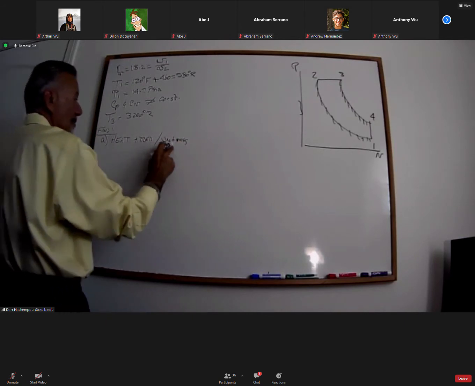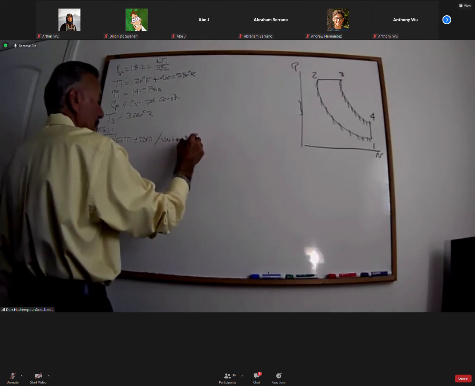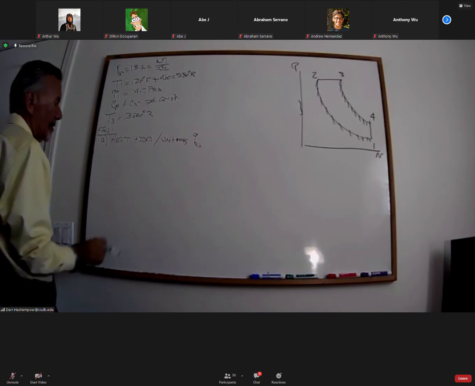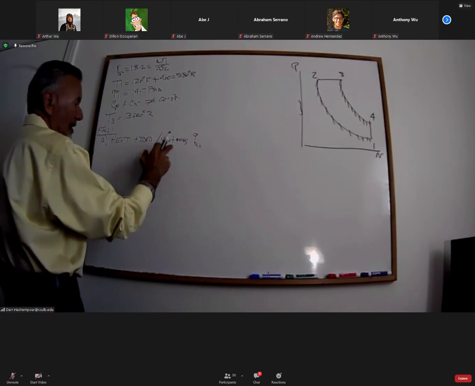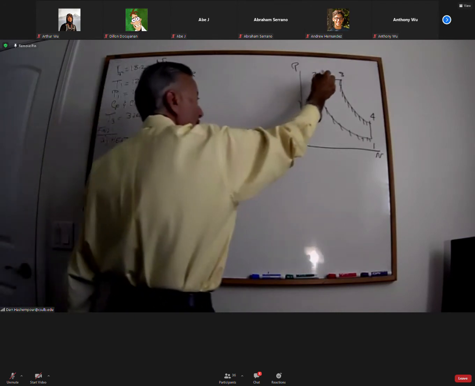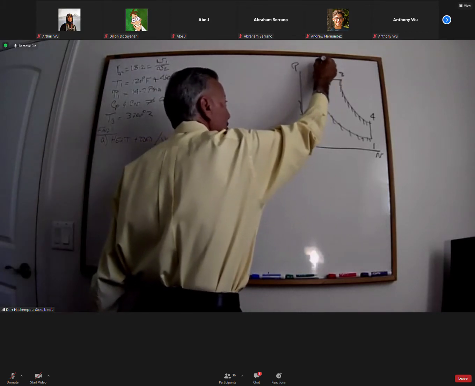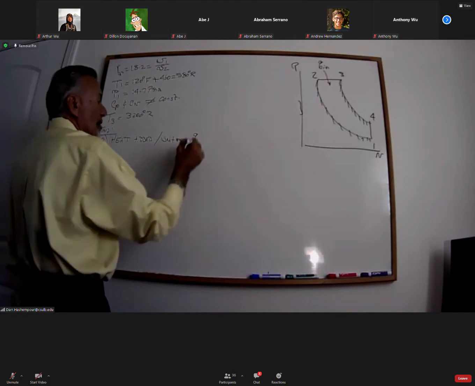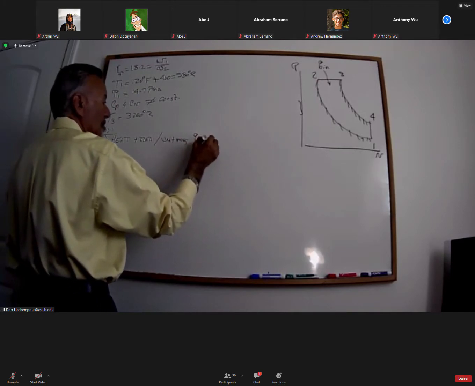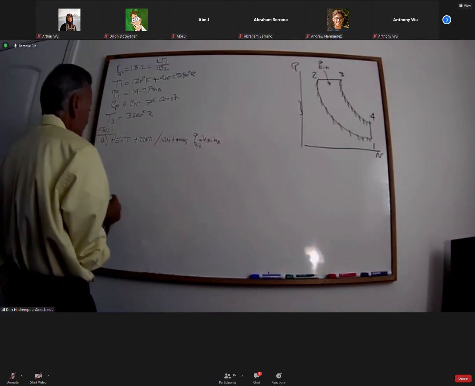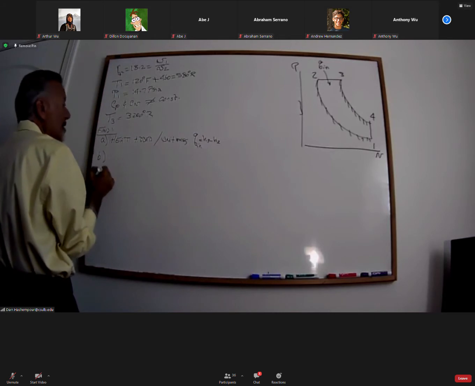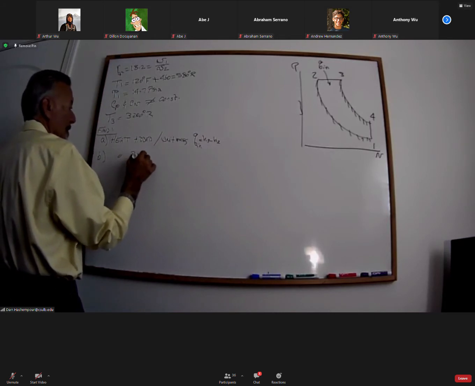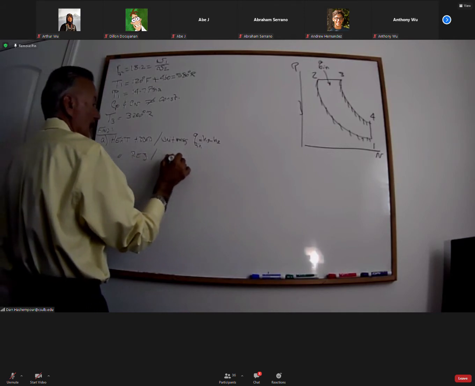What does it mean? It means small q in. This is the amount of heat added to the system right here per unit mass, a small q in, which is equal to H3 minus H2. Part B, heat rejected per unit mass.